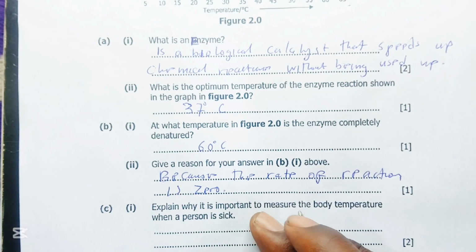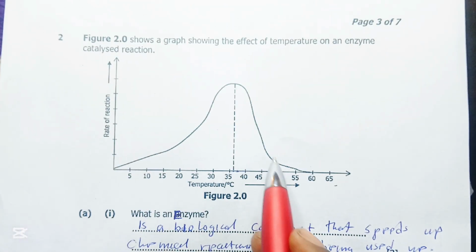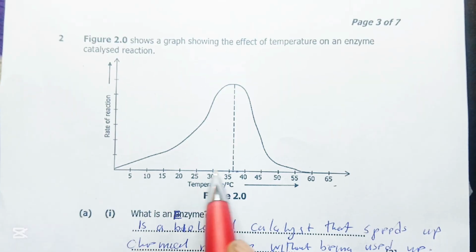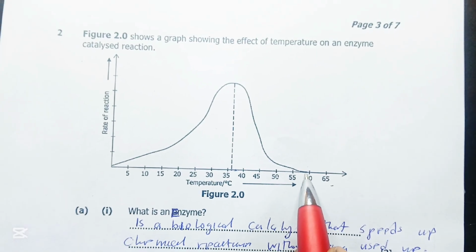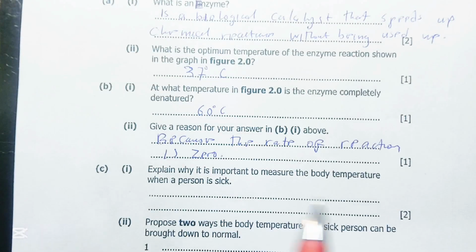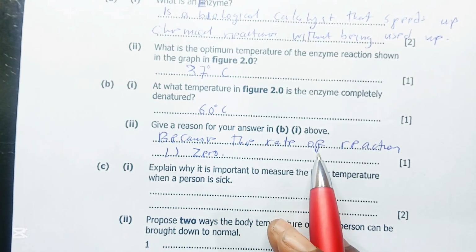That's why we have said at 60 degrees. When you look at the rate of reaction, it went to 0. It was increasing, but when it reached 0 somewhere here at 60, you know that the enzyme is completely denatured.